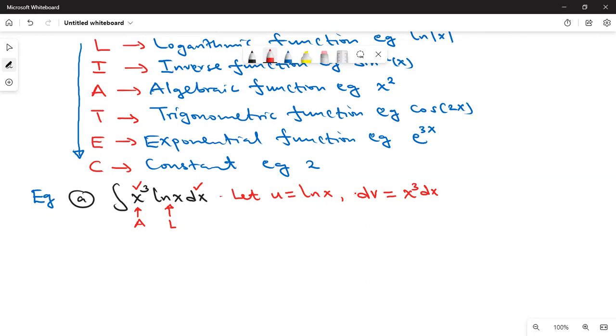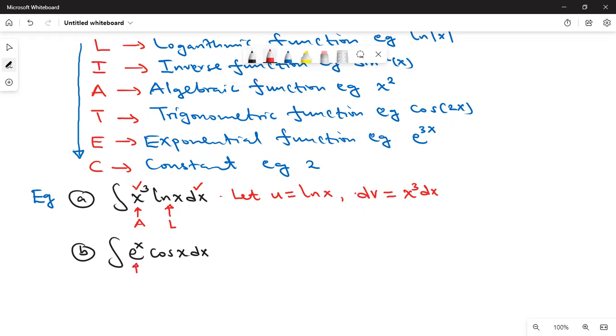Another one, let me give another one to show how we can choose u and dv. So let's say you're integrating exponential x multiplying cosine of x dx. Let's classify these functions.